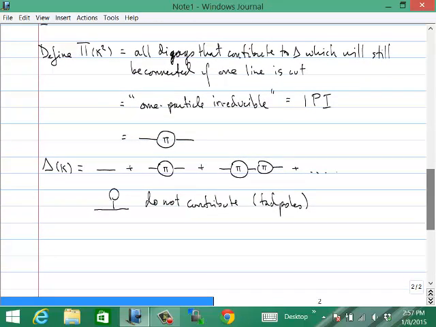Let me give you an example. So that is an example of a one particle irreducible diagram. This is another example. And those are the only ones that appear at this order in the coupling.